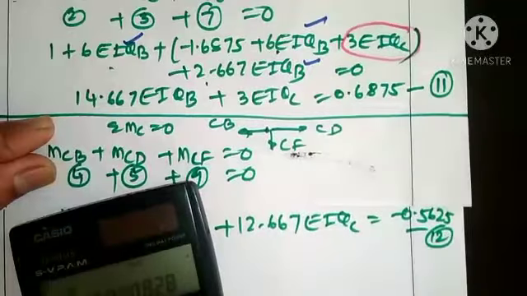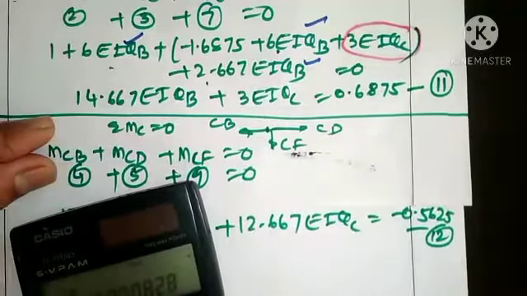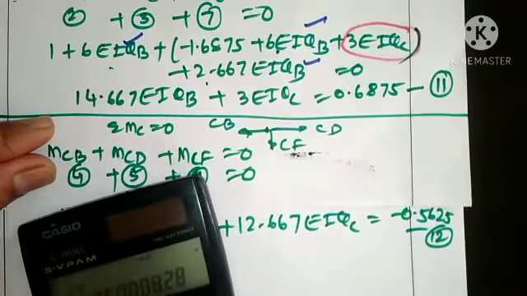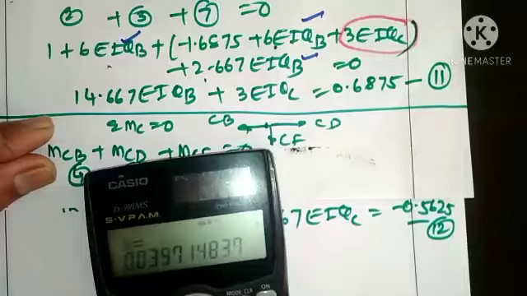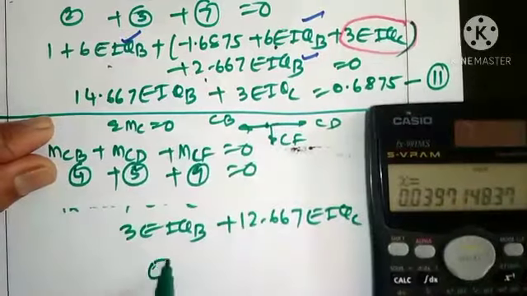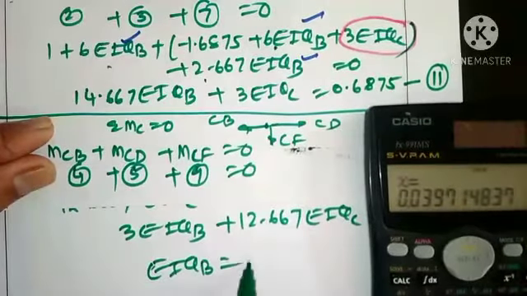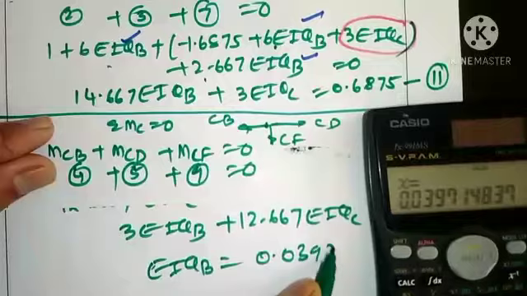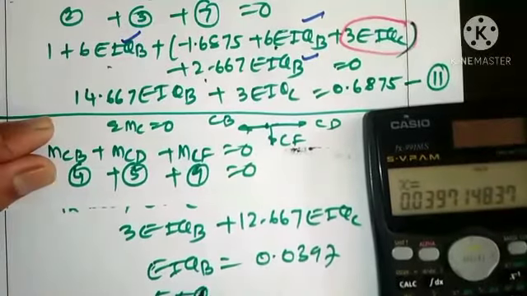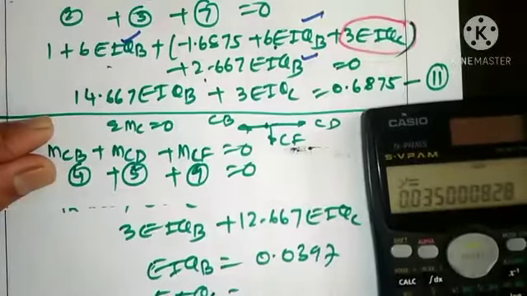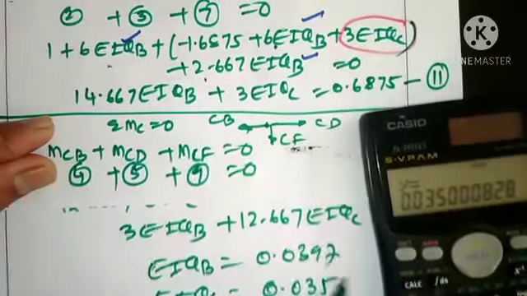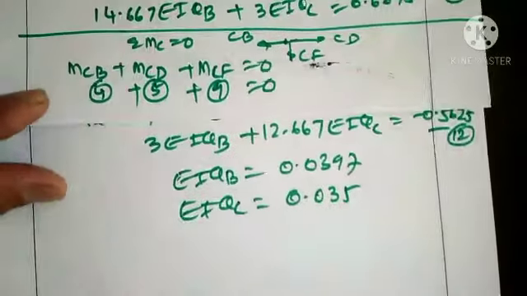0.04 and theta C value will be 0.04 again. So we shall note down the value: theta B value as 0.0397 and theta C value as 0.035. So these are the three values that will help us now.